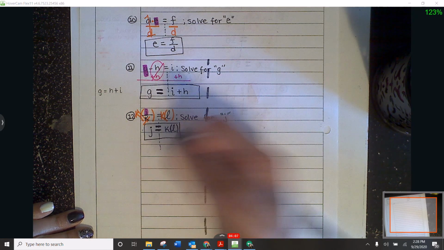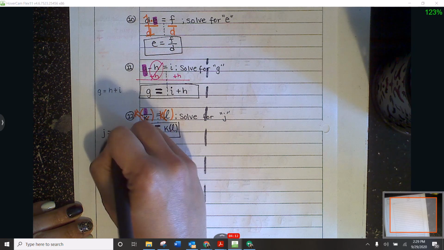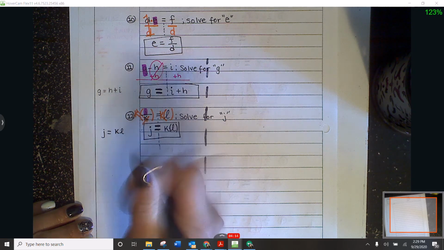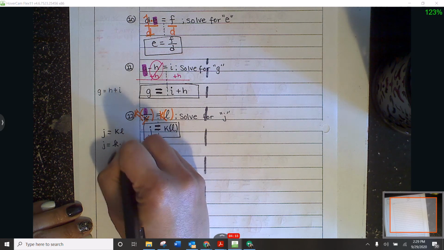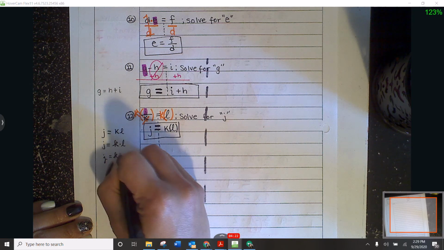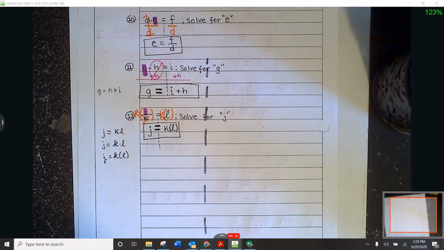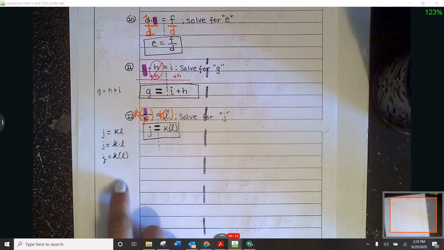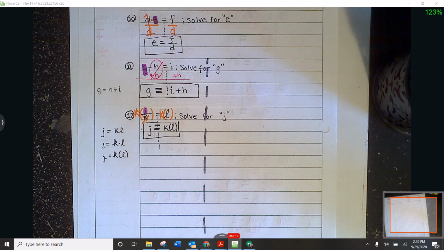Now, nonetheless, J is equal to KL is the same as saying J is equal to K times L. All of these are equivalent. Sorry, I went to more and more cursive as I continue to write. But all of these mean the exact same thing, all right? And you could even flip them as well, but that's just a lot.